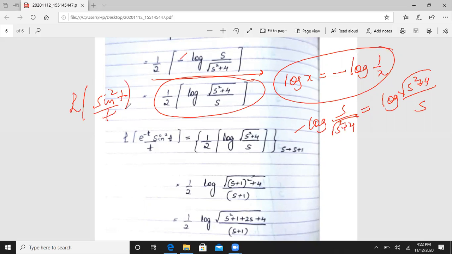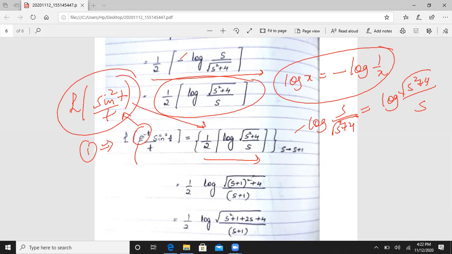Okay, and we have one more function in this equation, that is e to the power minus t. So equation 1 becomes the Laplace transformation of e to the power minus t sin square t by t is equals to, this is our Laplace transformation of sin square t by t value, where s tends to s plus 1.